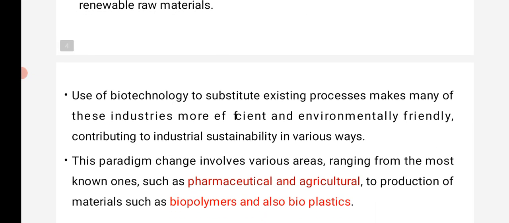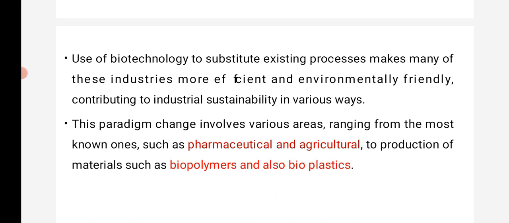So the use of biotechnology to substitute existing processes makes many of these industries more efficient and environmentally friendly, contributing to industrial sustainability in various ways.